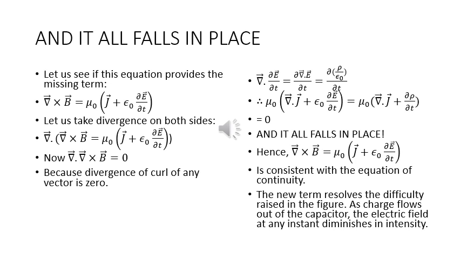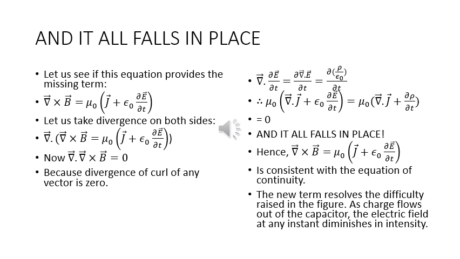Therefore mu 0 divergence of j plus epsilon 0 delta E by delta T becomes mu 0 divergence of j plus del rho by del T. Now the divergence of curl of B is 0, and the right hand side is 0, so it all falls in place. Therefore curl of B is equal to mu 0 j plus epsilon 0 delta E by delta T, and this is consistent with the equation of continuity.